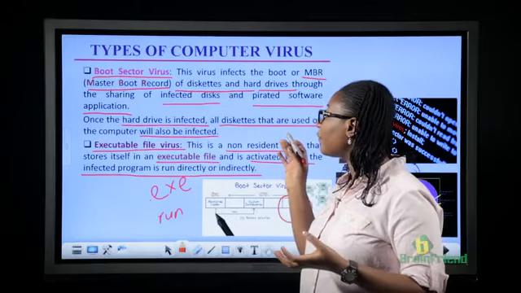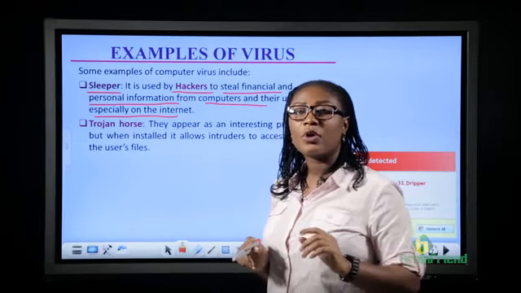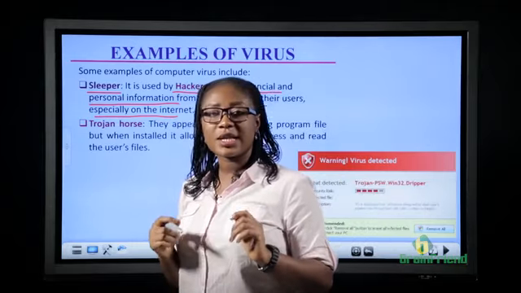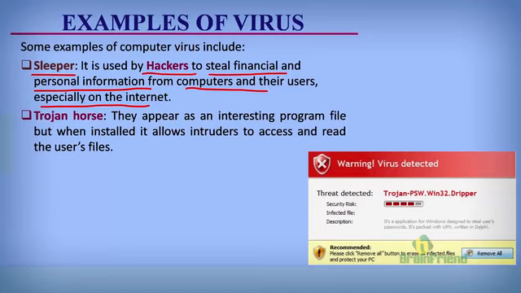Okay, some examples of the computer virus is the sleeper virus. Now it is used by hackers to steal financial and personal information from your computer, especially on the internet. We need to be very careful of how we put in sensitive information on the internet. Number 2 example of virus is the Trojan horse. Now the Trojan horse appears as an interesting program.